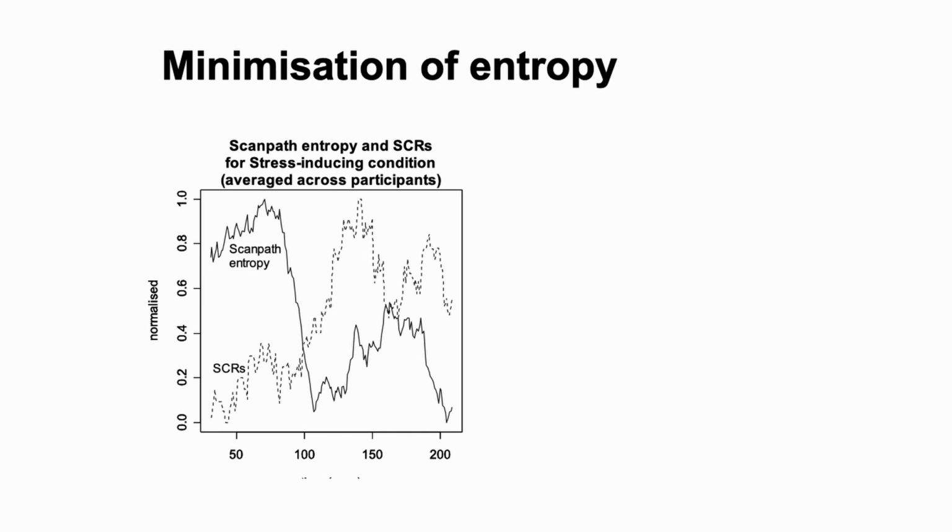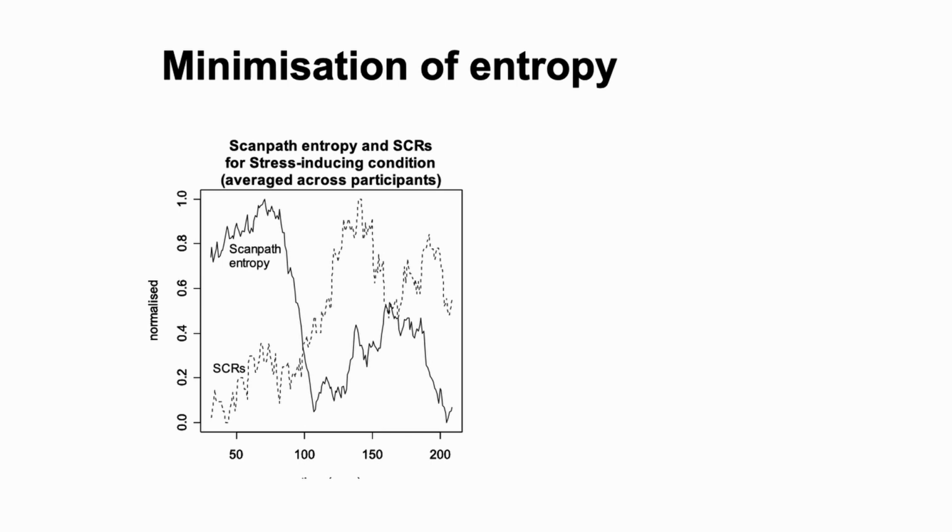We can see scan path entropy gradually declines as the environment forms. When the environment's random, you're moving your head around a lot and your gaze direction is changing kind of at random. But as the environment forms and you understand what it is, the entropy of your head movements goes down.